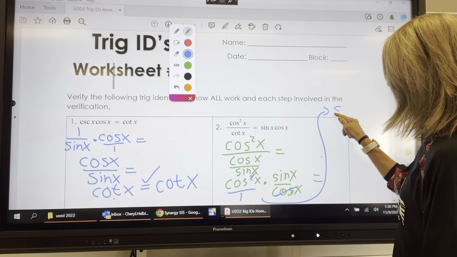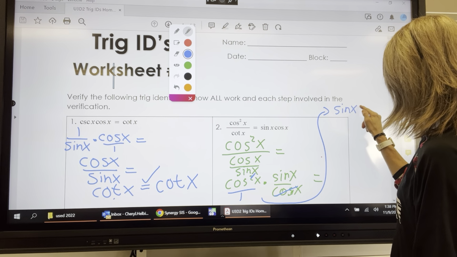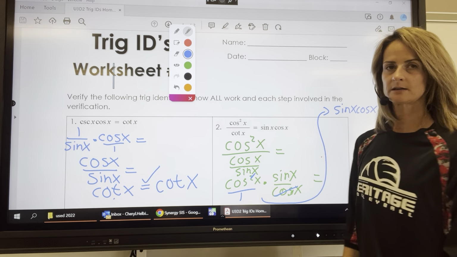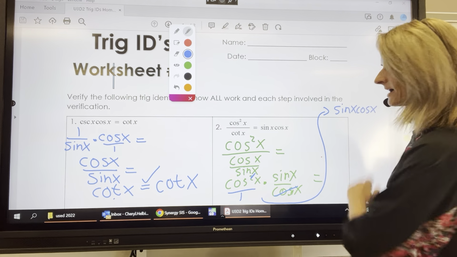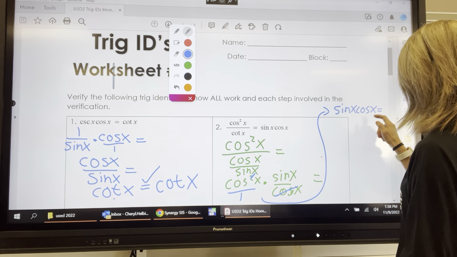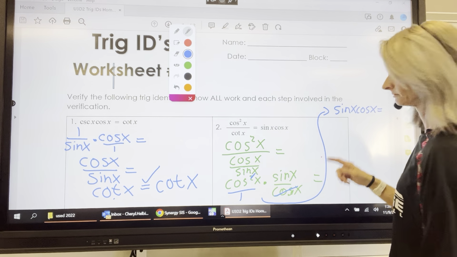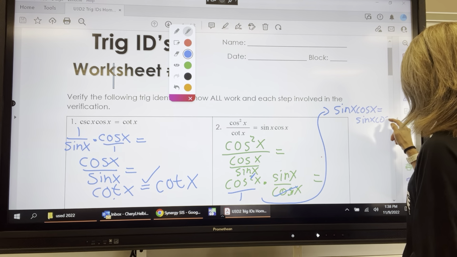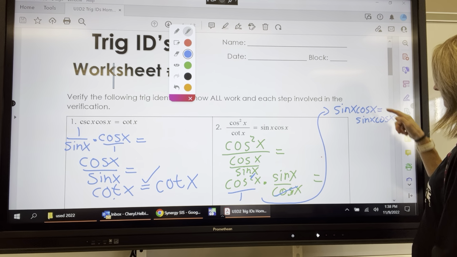I'm going to write sine of x first. Sine of x times the cosine of x. Well, that's exactly the same as the other side. So now I can write, and I've run out of room, equals, do my best. And that's been verified.